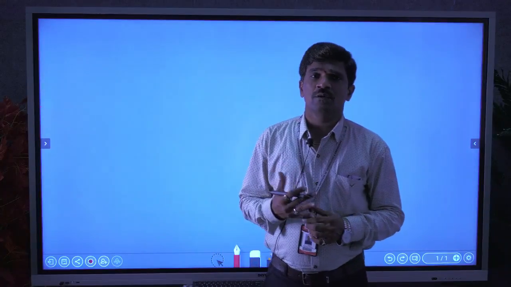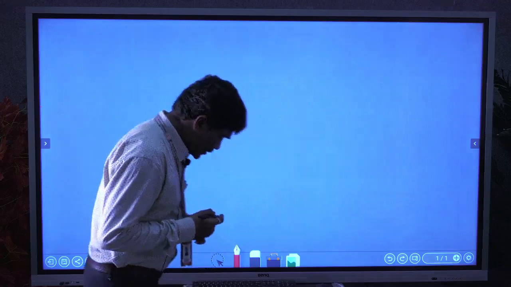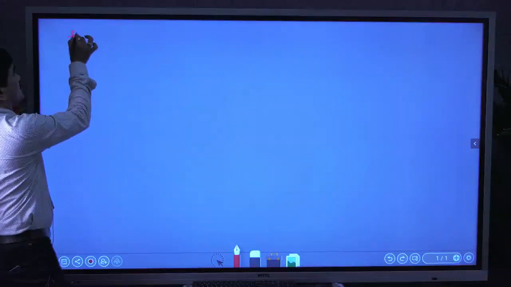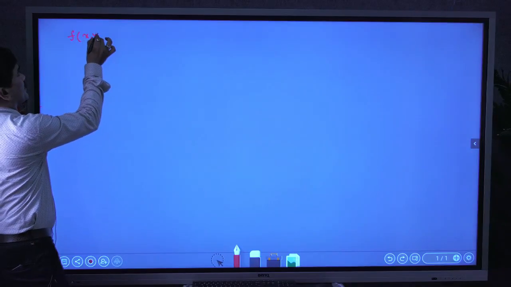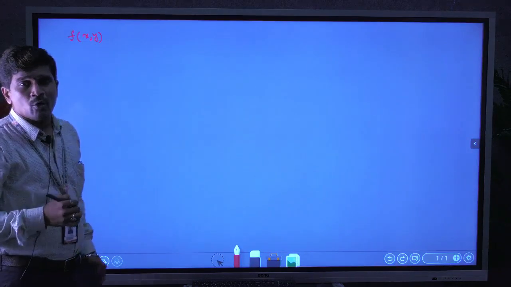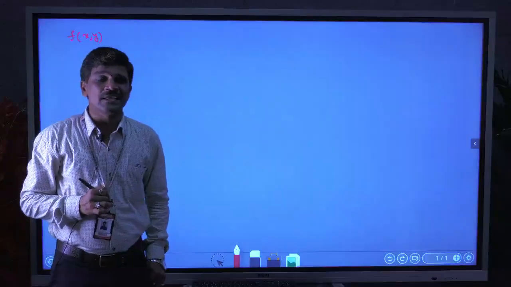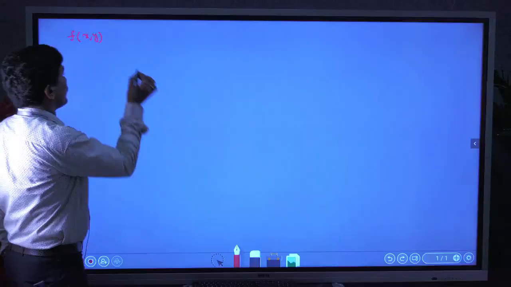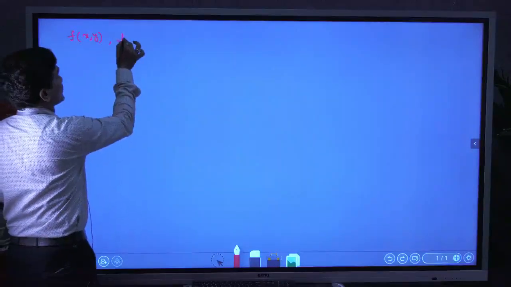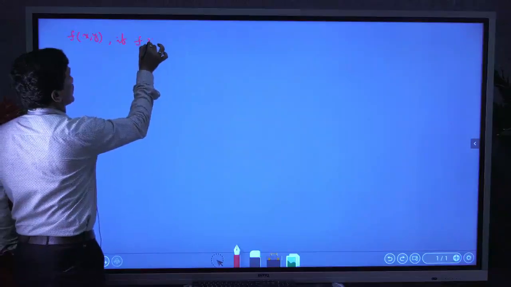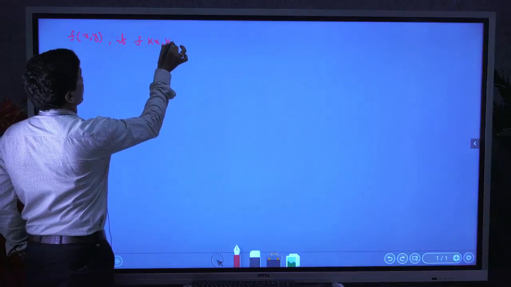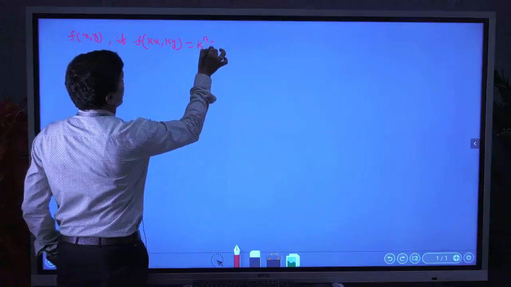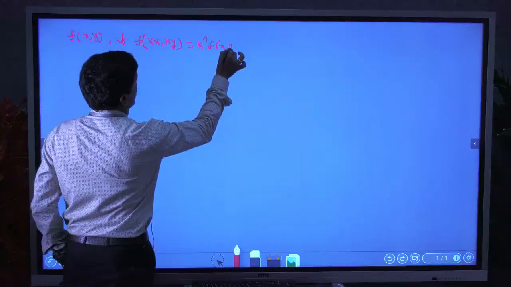So what is the homogeneous function? Suppose the function f of x comma y is said to be a homogeneous function of degree n if f of kx comma ky is equal to k power n into f of x comma y.